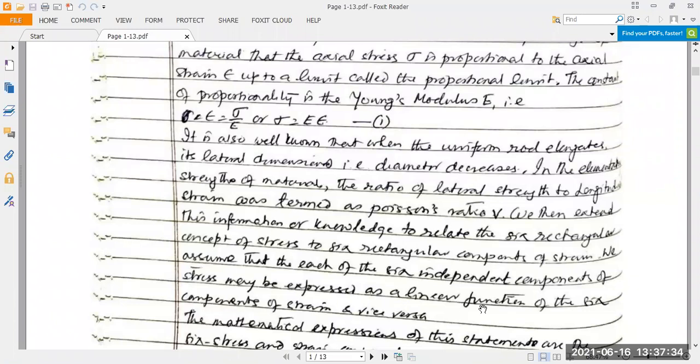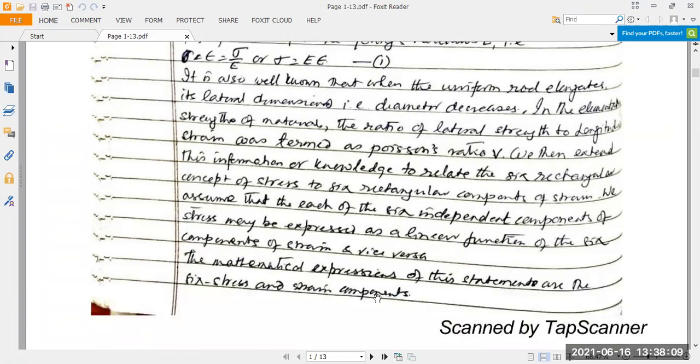Stress is proportional to strain is applicable here, but here we are representing the strain by means of 6 independent components and stress by an equal number of 6 rectangular components, and they are equating to each other and vice versa. Thus, what will be the mathematical expression?